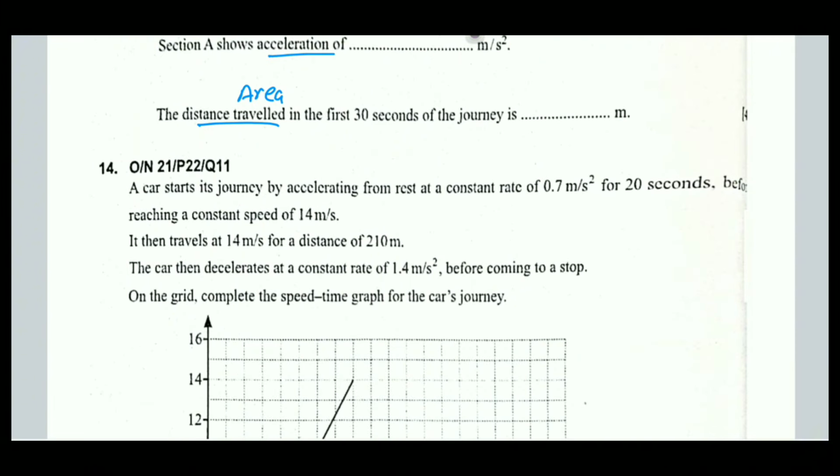Next question: a car starts its journey by accelerating from rest at a constant rate before reaching a constant speed of 14 meters per second. It then travels at 14 meters per second.